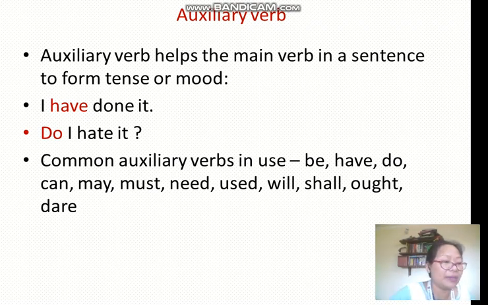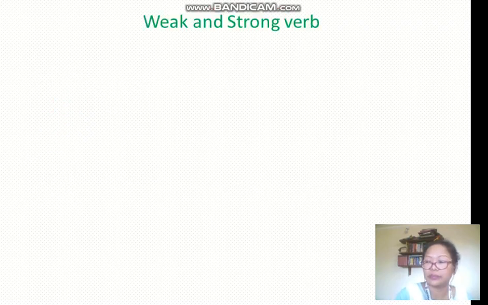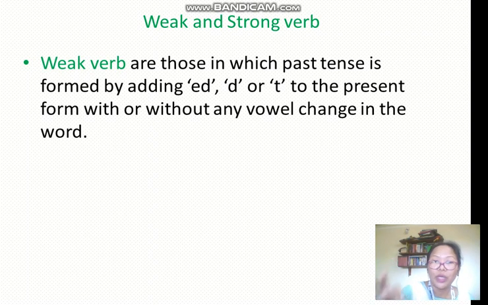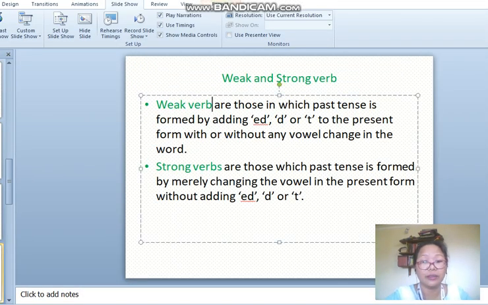These are the two examples of the use of auxiliary verbs and the common auxiliary verbs we use. Okay, next in your book is weak and strong verbs. Now, what are weak and strong verbs? Right, let us say we will call them weak verbs.